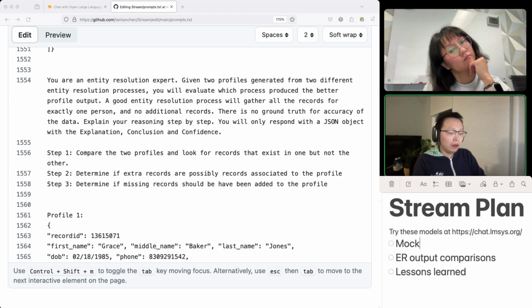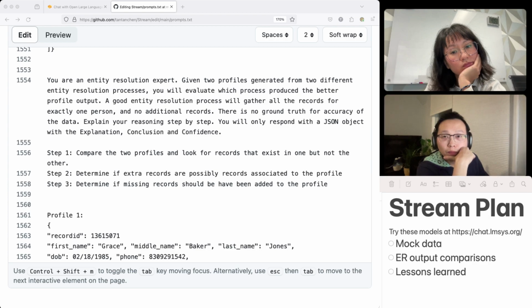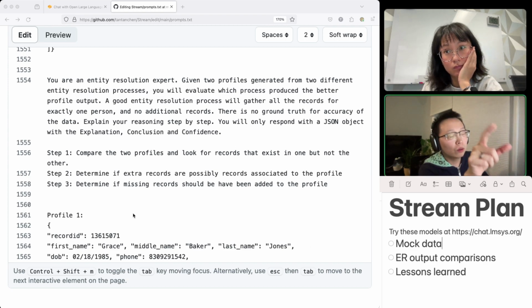So I think with mock data, one, we can try the mock data with the new model that just came out, right? And then we could also try the new model with the new prompting.